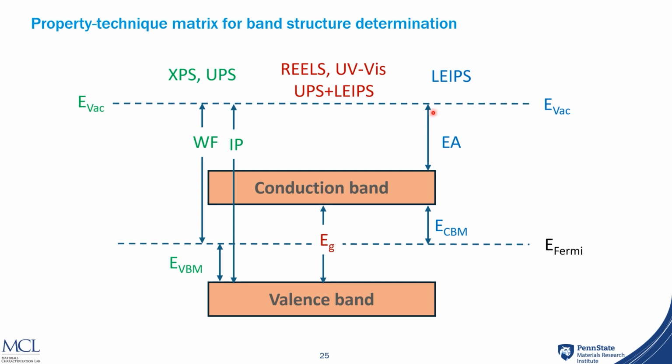And if we want to measure the band gap, depending on the material, we can measure that with either REELS, UV-Vis, or the combination of UPS and LIPS, where LIPS would give us the conduction band minimum, and UPS would give us the valence band maximum, and the sum of those would then, of course, be the band gap.